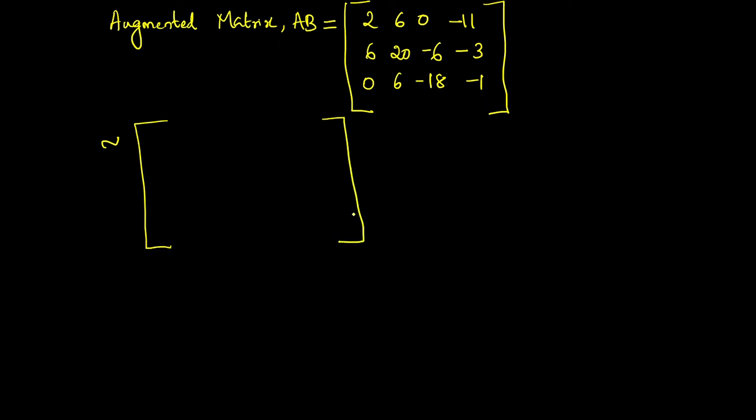For that, use the row transformation R1 gives 1 by 2 R1, to make the first element of the first row 1. Then the first row gets updated as 1, 3, 0, minus 11 by 2.